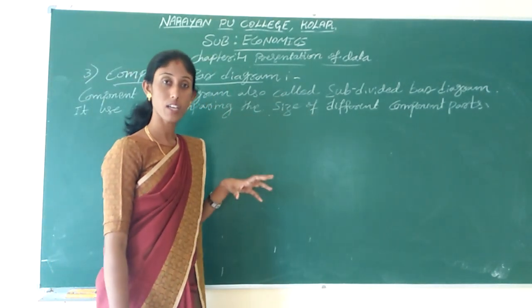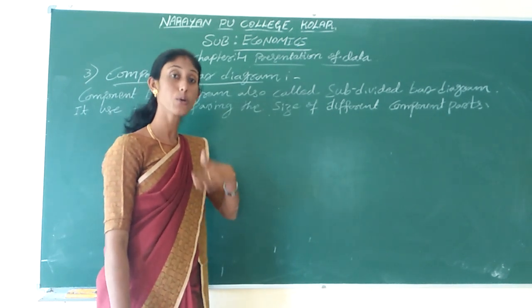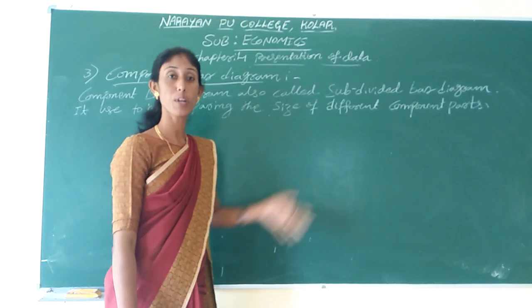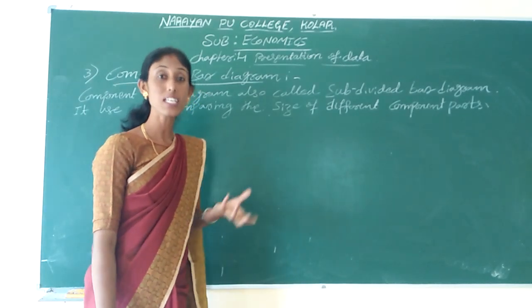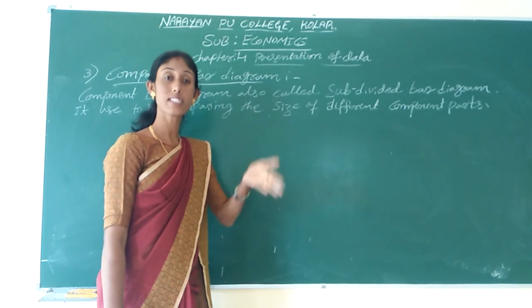Now we are going to discuss how to draw a component bar diagram. Understood, right? The component bar diagram is also called a subdivided bar diagram, and it is used in comparing the size of different components. In a particular variable, we subdivide it, making different components for easy comparison of the sizes.